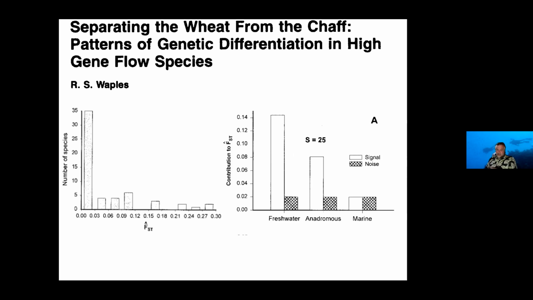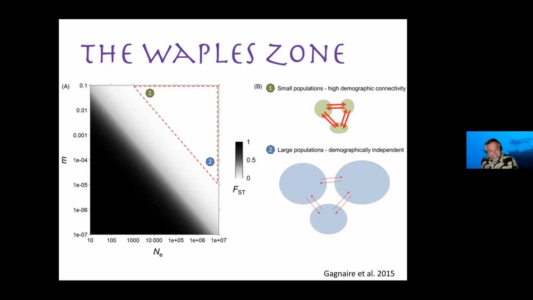He looked at that and said the amount of sampling error we get just from sampling 25 samples per population is about 0.02. So for marine species, you really can't differentiate the signal from the noise, whereas you can with anadromous or freshwater populations. And with that, he promptly went off and worked on salmon. That's kind of a joke.